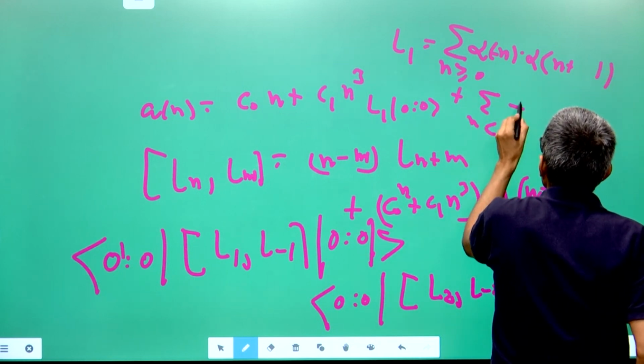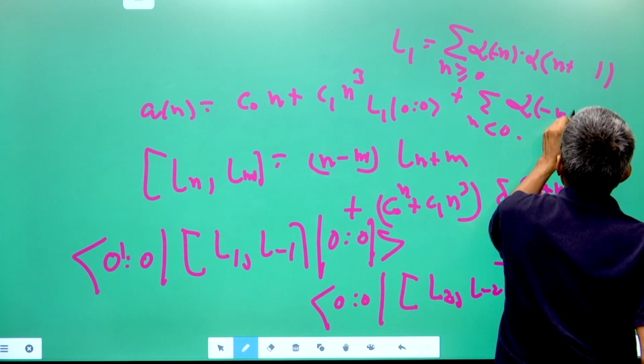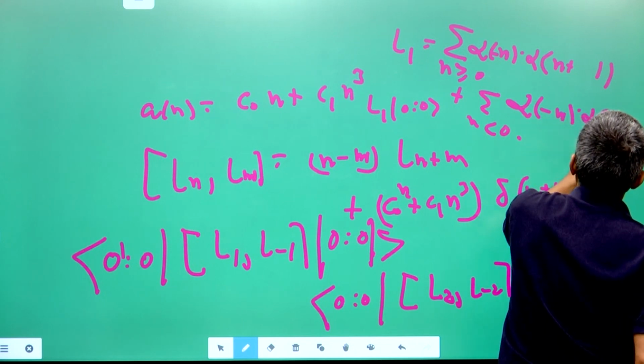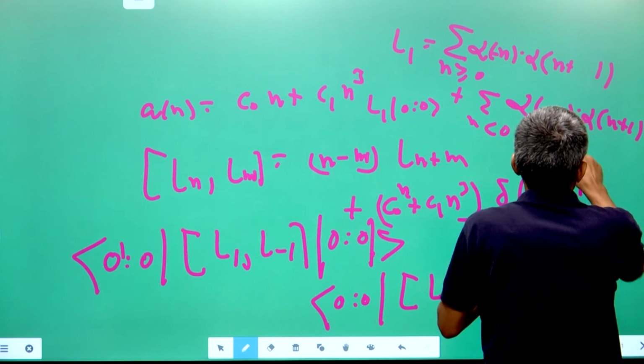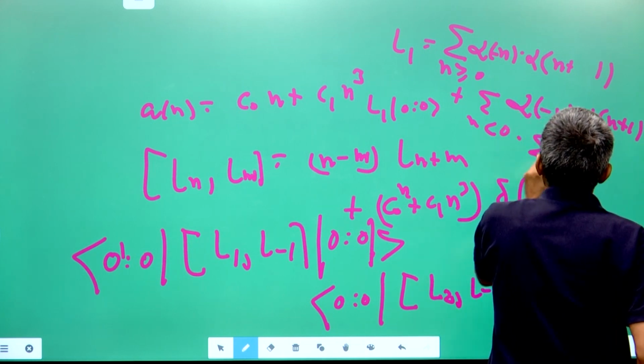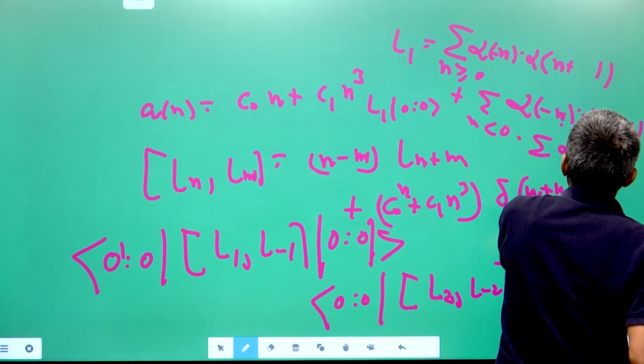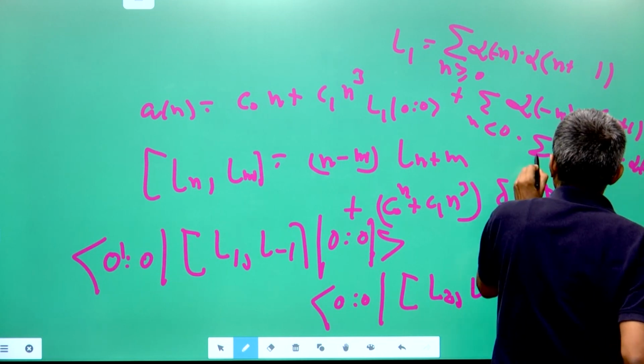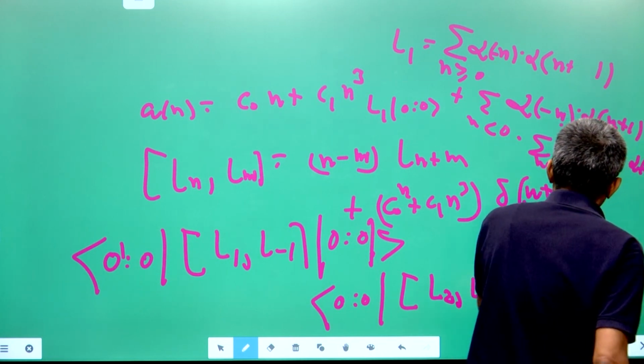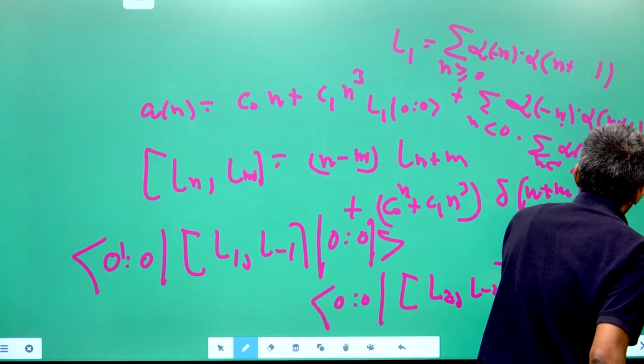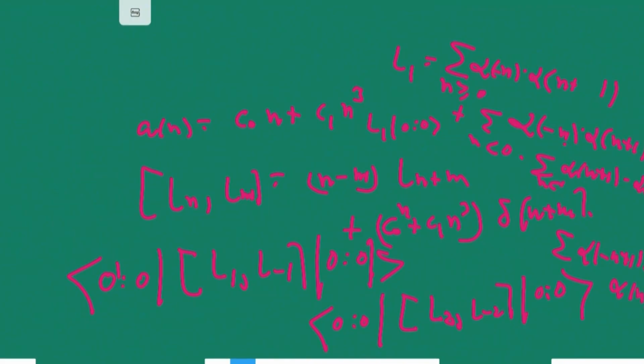If you look at the n less than 0 term, α_{-n} · α_{n+1}, these two commute with each other, so I can write this also as α_{n+1} · α_{-n} for n less than 0, or equivalently as α_{-n+1} · α_n for n greater than 0. α_1 annihilates the vacuum, and α_n for n greater than 0 will annihilate the vacuum.